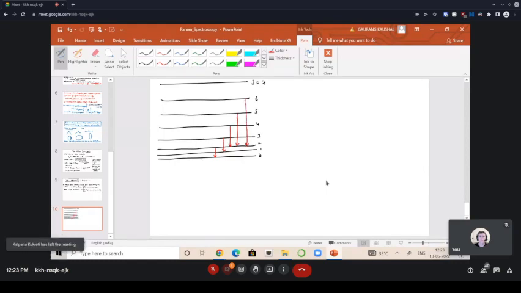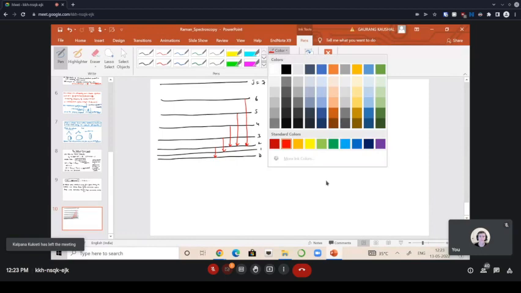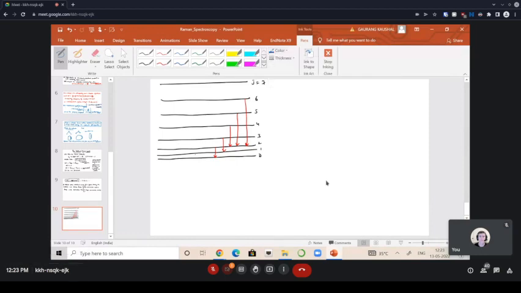On the left hand side, the lower wave number side, we will have transitions like this: 0 to 2, 1 to 3, 2 to 4, then 3 to 5.